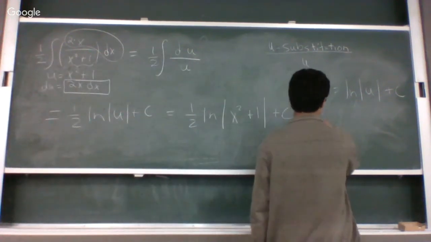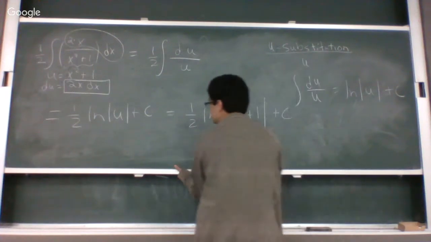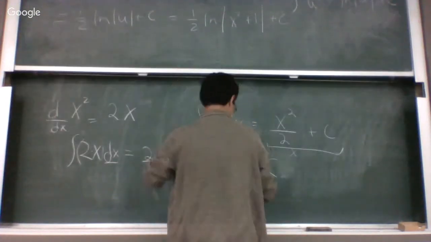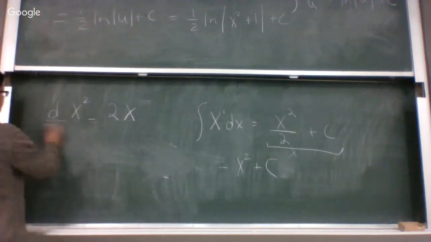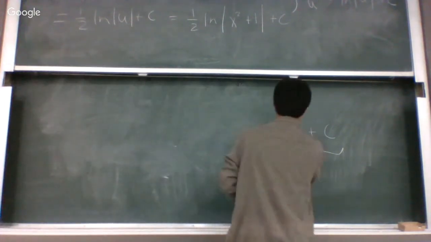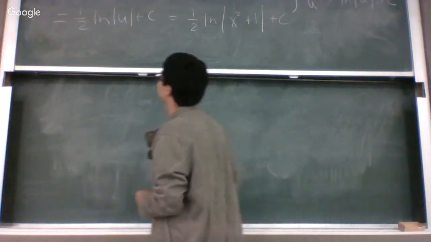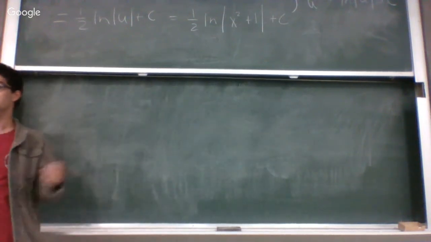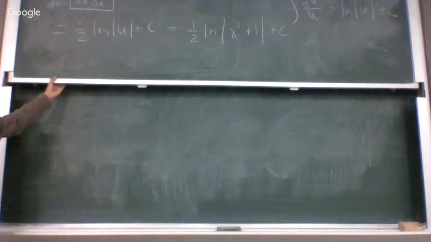Do you completely understand what we did up there? Yeah, I think so. You can repeat it back to me. So you sub the bottom for u, and then you find the derivative of u.